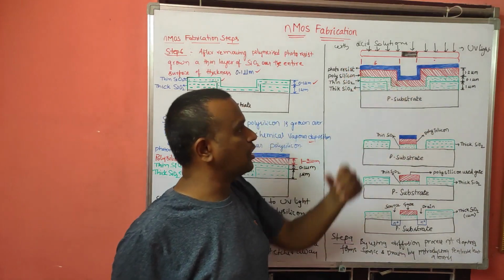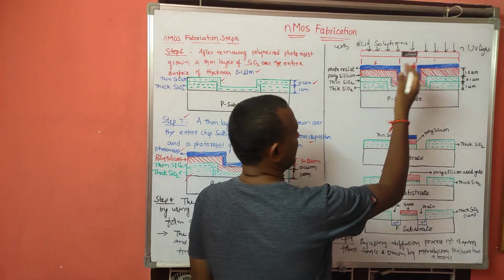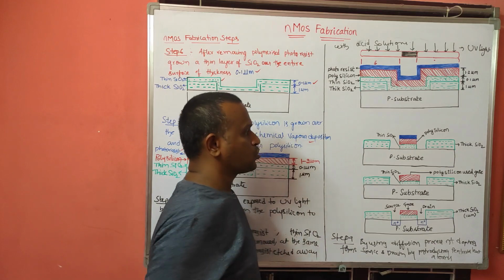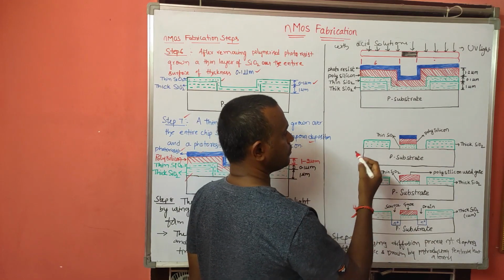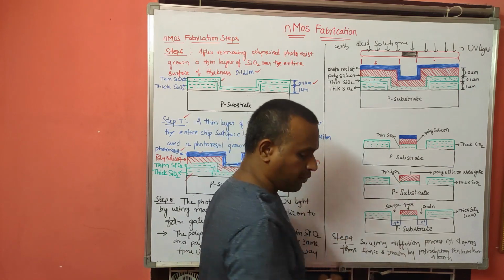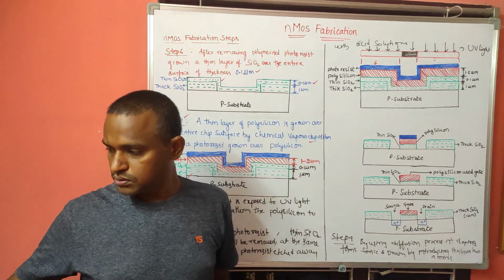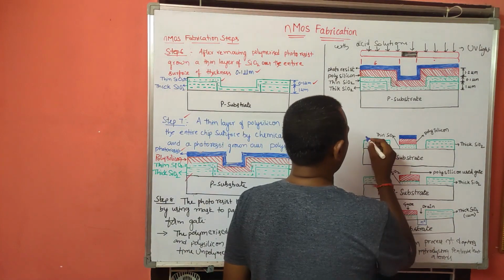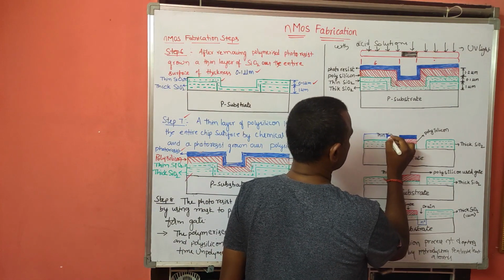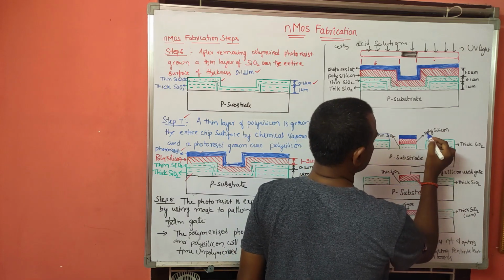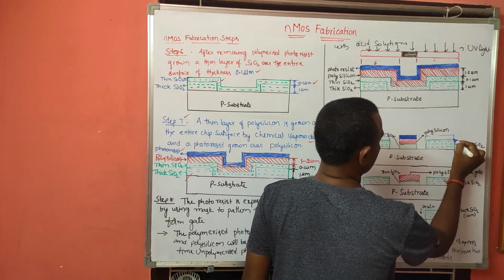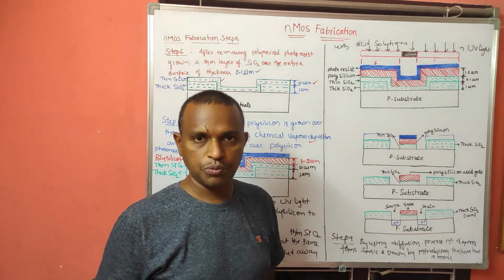So after applying the UV light, we will have here, suppose this one is polymerized photoresist, and at the same time this one is also polymerized photoresist.